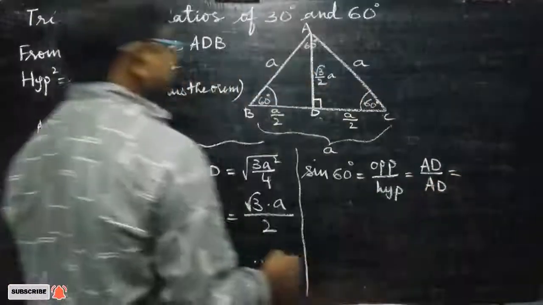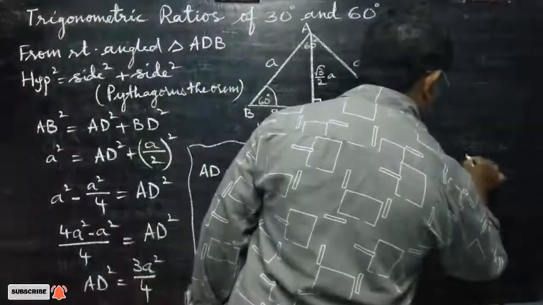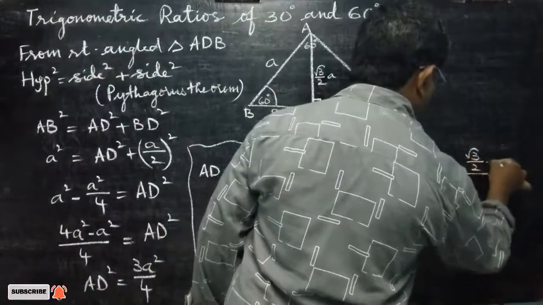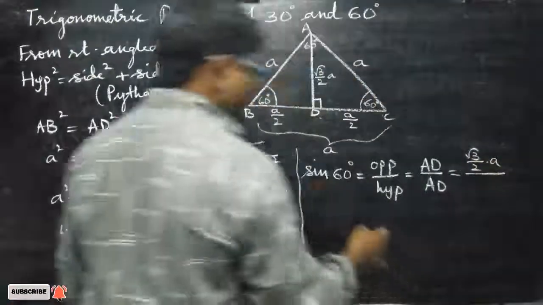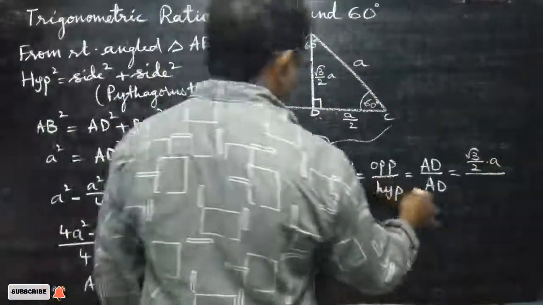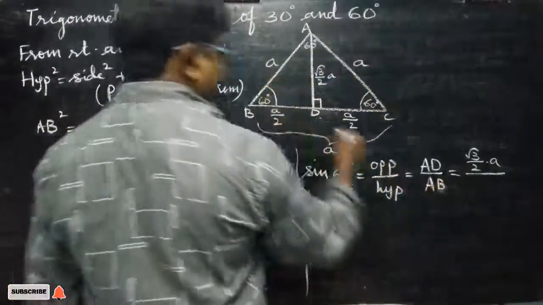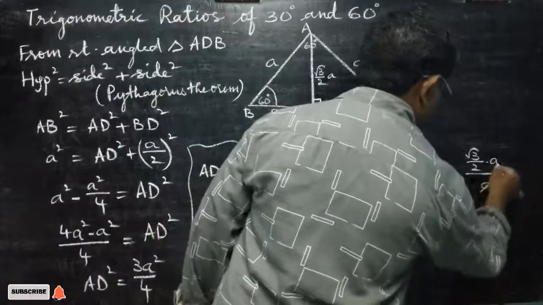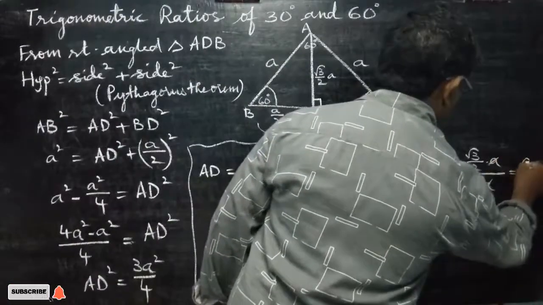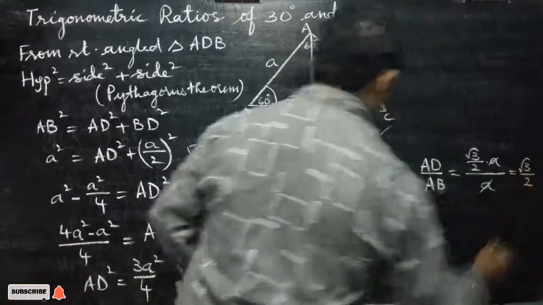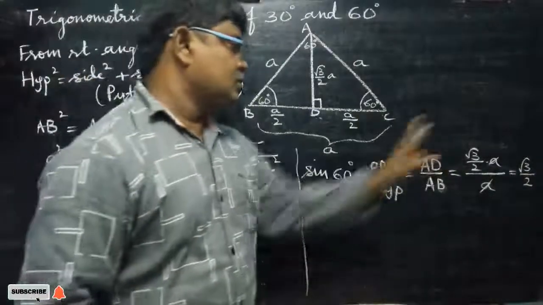So, what is AD? Root 3 by 2 into A. And what is AB? AB is A. A goes in A one time. So, root 3 by 2. Sin 60 how much? Root 3 by 2.